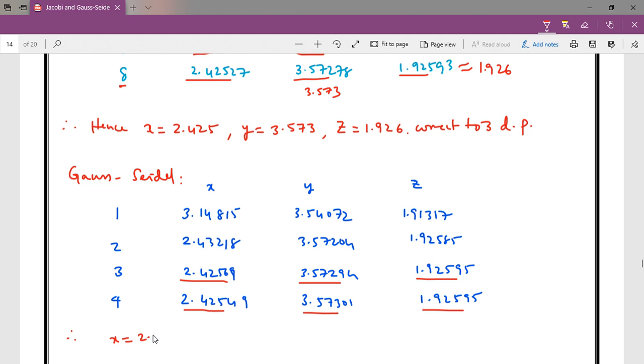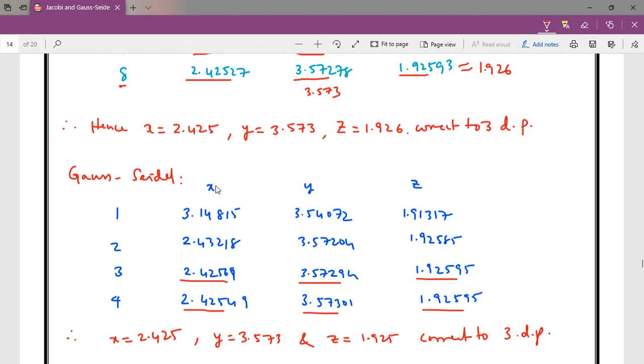So therefore we can see that x value is again 2.425, and y value is 3.573, and z value is 1.925, corrected to 3 decimal places.